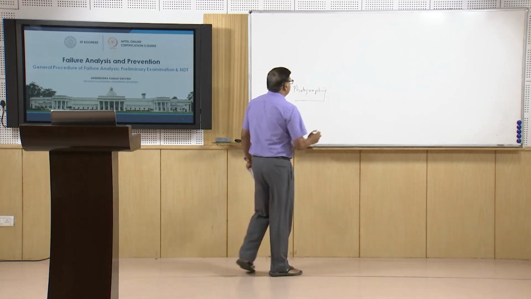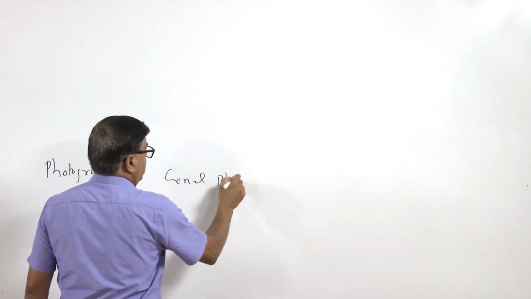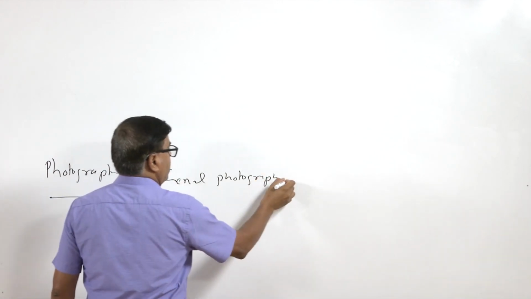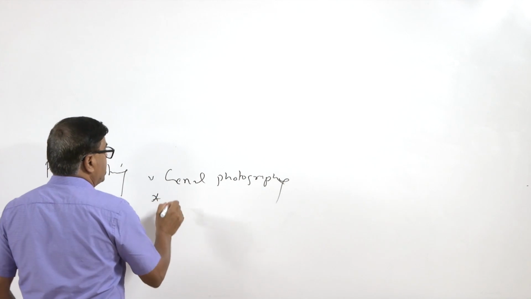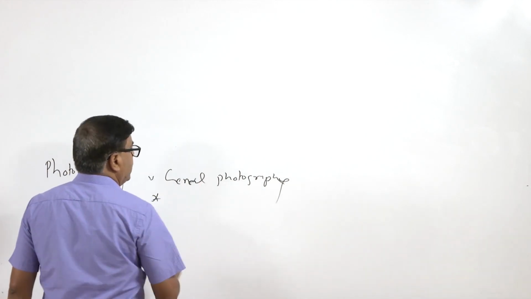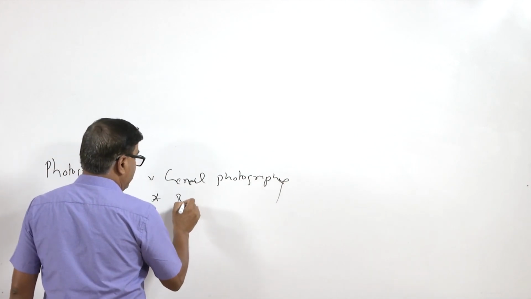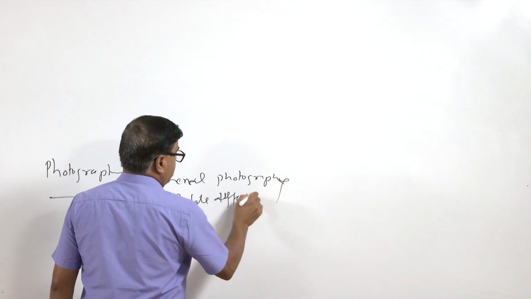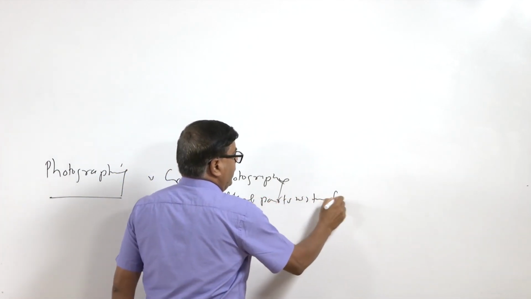So, first of all, we will do general photography to show what is present and in what size. And then efforts are made to relate the different parts with the failed component.